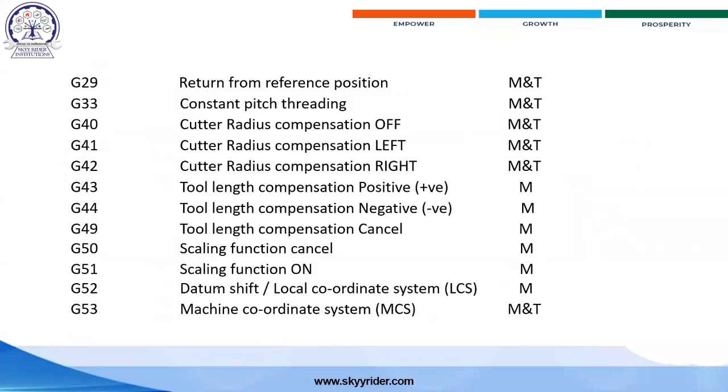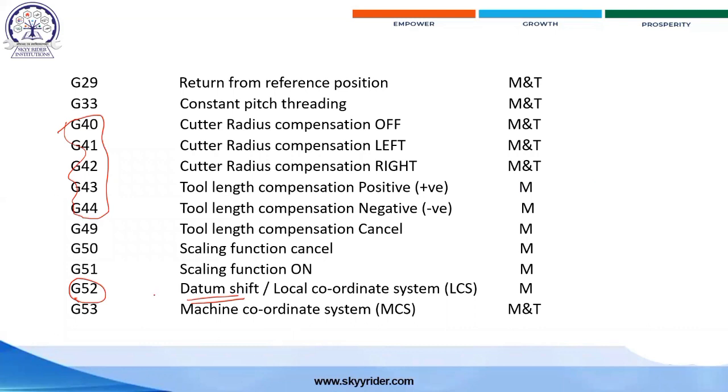These six are the major functions we will use in other programs, but in today's program they are not used. Then G52, which is used for datum shifting, meaning the datum is shifted to another position.